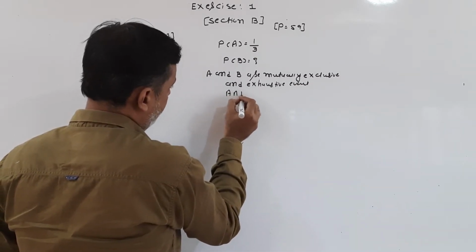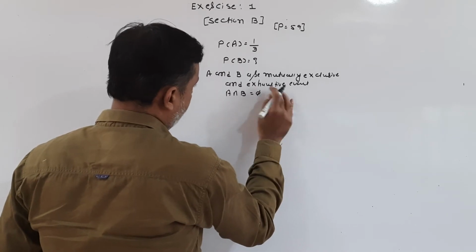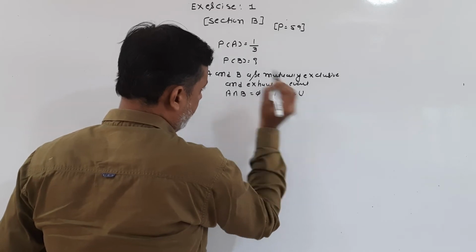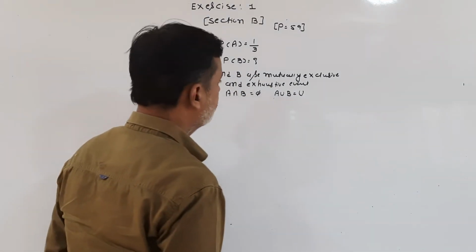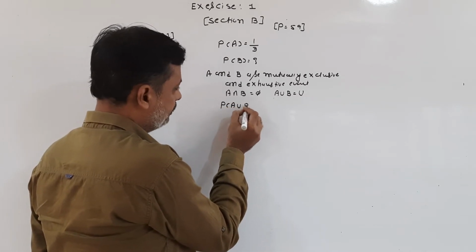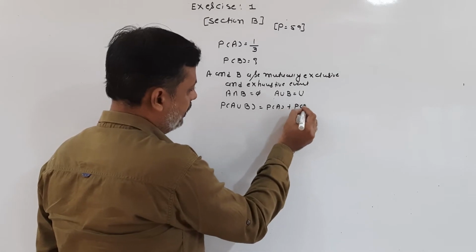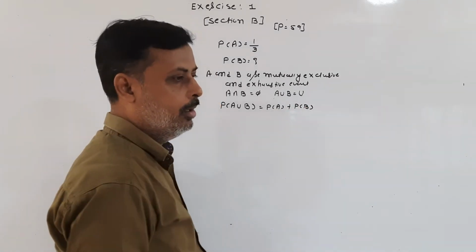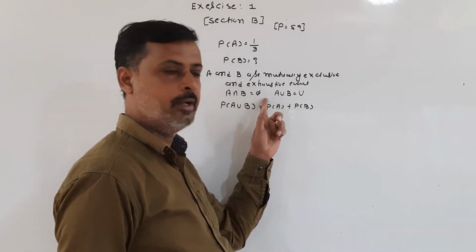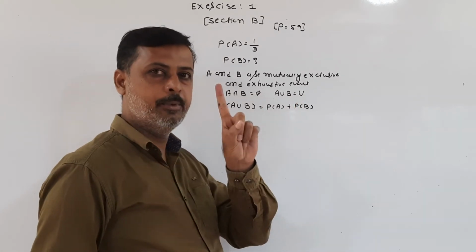So A intersection B is equal to phi and A union B is equal to U. Now we apply the formula of A union B, that is P of A plus P of B. Because A and B are mutually exclusive, A intersection B is equal to phi. A union B is equal to U, so the value of U is 1.